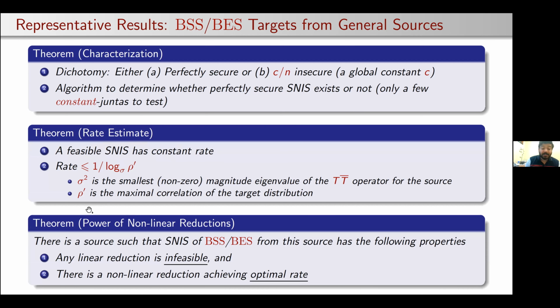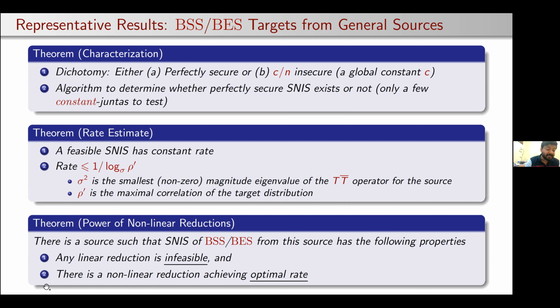And most fascinatingly, we prove that non-linear reductions are significantly more powerful than linear reductions. In fact, there are rate achieving non-linear reductions, and for that particular reduction, no linear reduction can be feasible.